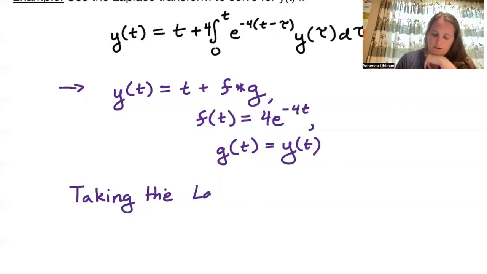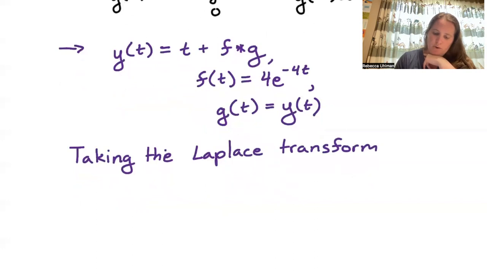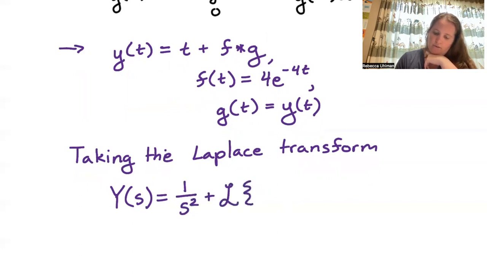So taking the Laplace transform, we have capital Y of s is equal to the Laplace transform of t, which is 1 over s squared, plus the Laplace transform of f convolution g.